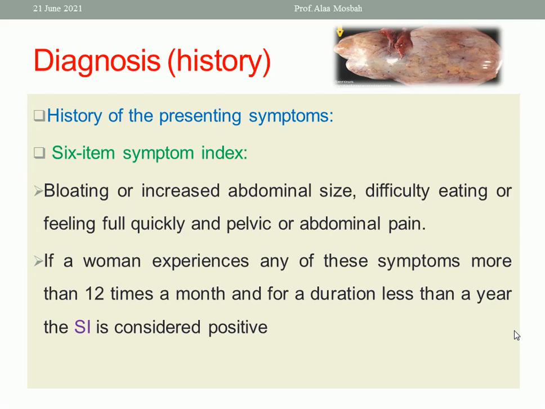And you can correlate this 6-symptom index with CA125 and human epididymis protein 4 to increase the sensitivity and specificity for diagnosis.